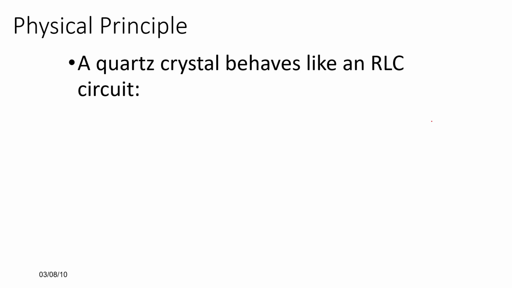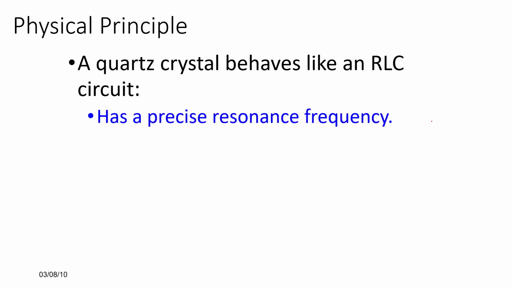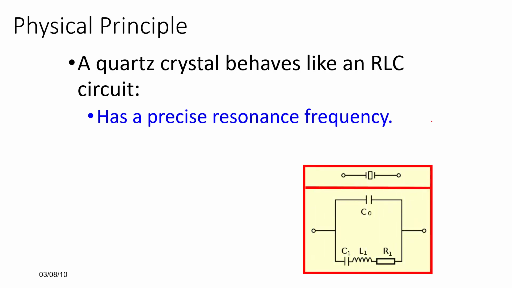So the physical principle is that a quartz crystal will behave like an RLC circuit. It will have a very precise resonance frequency, the frequency at which it will oscillate, and it can be modeled.